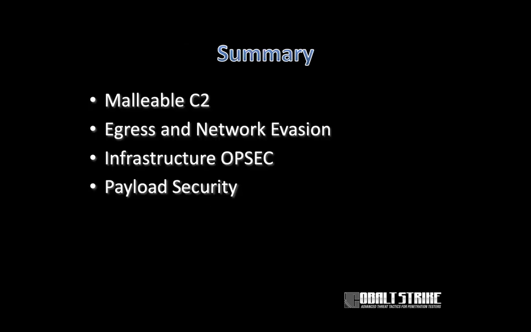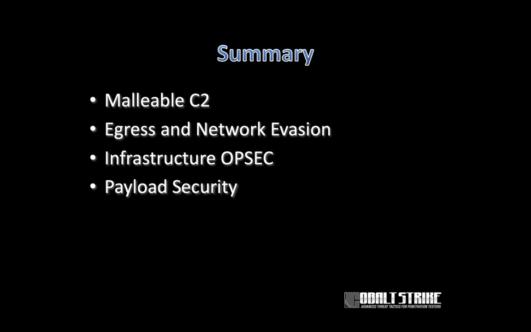In this lecture, we covered a lot of ground. I introduced you to Malleable C2, which is a domain-specific language to change what Beacon looks like on the wire and to modify other aspects of the payload. I also walked you through some ideas and tips for egress and network evasion.